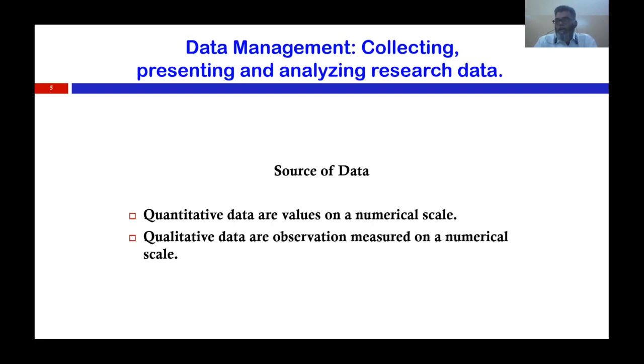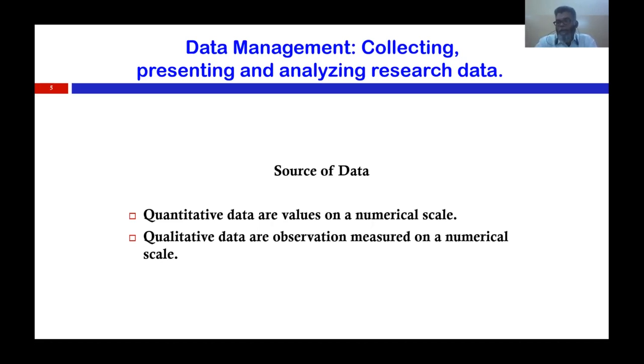Or in simple terms, quantitative data includes numbers, and qualitative data includes properties. If I ask you your height or weight, you will tell like 4 feet, 5 feet, 6 feet, and weight like 40 kilo, 50 kilo, 60 kilo. Means you are measuring it with respect to numbers.